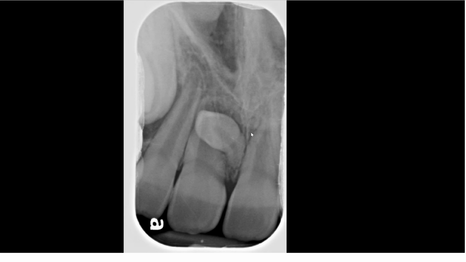So there you have it. So here it is, tooth number 8. You can actually see the root outline, the PDL space, all the way along the roots. And we have a mesiodens, right? A mesiodens between 8 and 9.